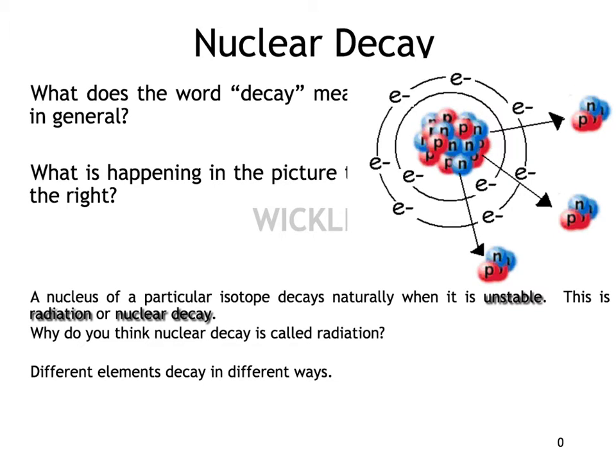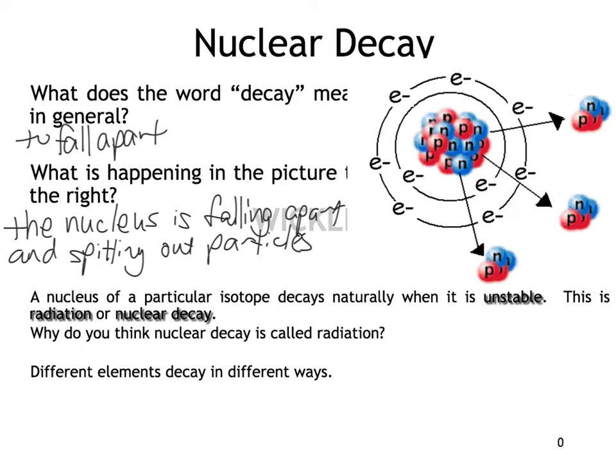All right, so firstly, the word decay just in general means to fall apart. And in the picture to the right, I think that's exactly what is being shown. The nucleus is falling apart and it's spitting out particles from its nucleus. So here's a definition for you. A nucleus of a particular isotope decays naturally when it is unstable.